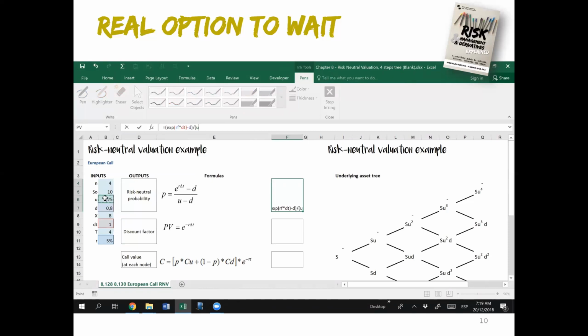In other words, 1.25 minus 0.8. So the risk-neutral probability is always a number between 0 and 1, it is 0.55 in this case.